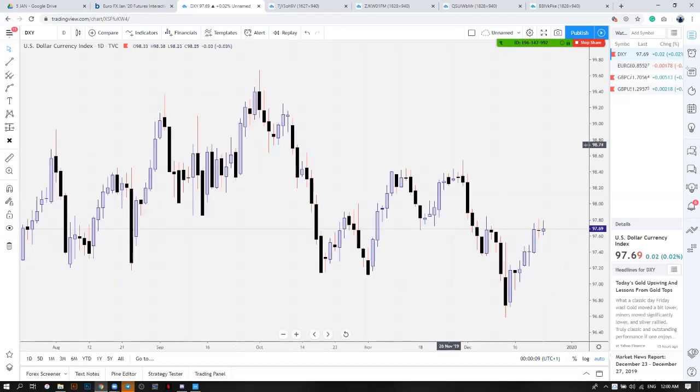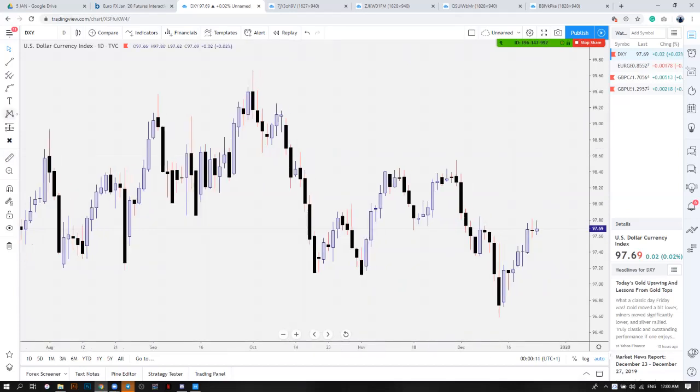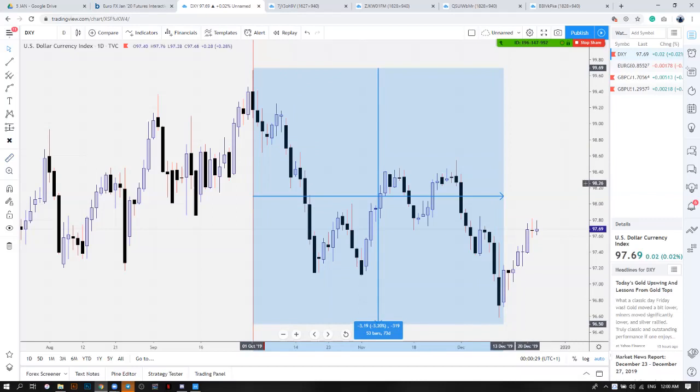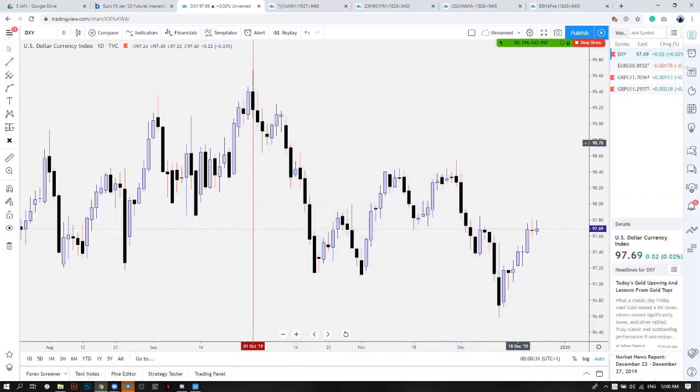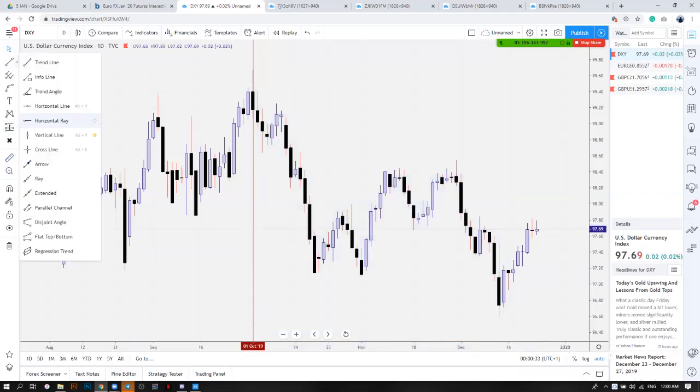Anyways, you put a vertical line around October 1st. All right, so now from October 1st till present, the DXY was bearish. Okay, bearish DXY. So the direction of DXY was down.